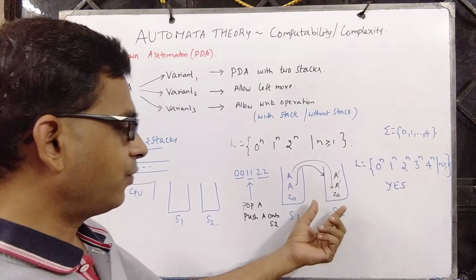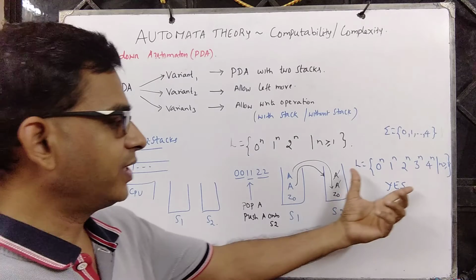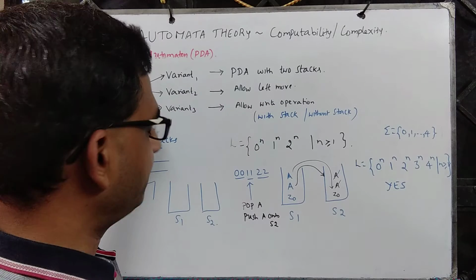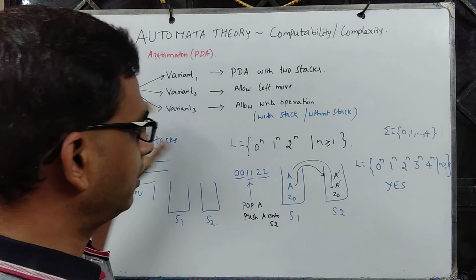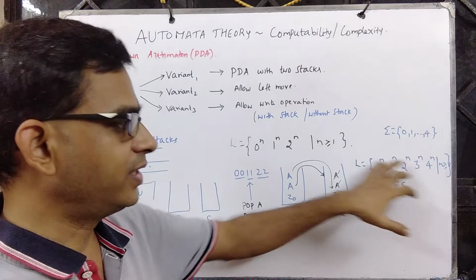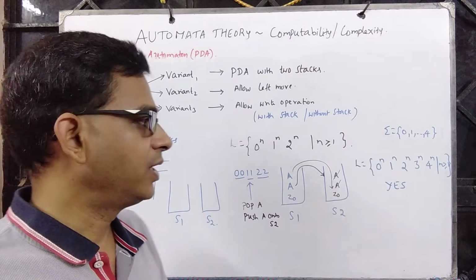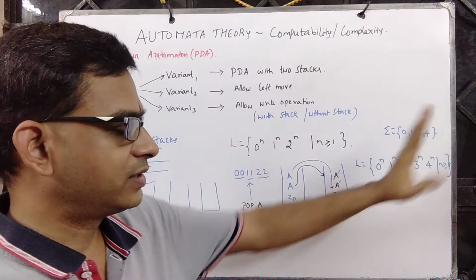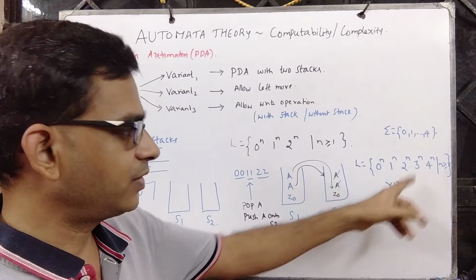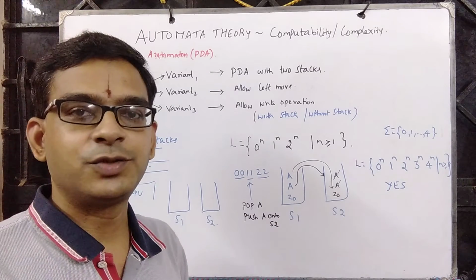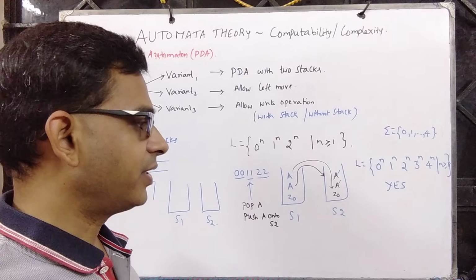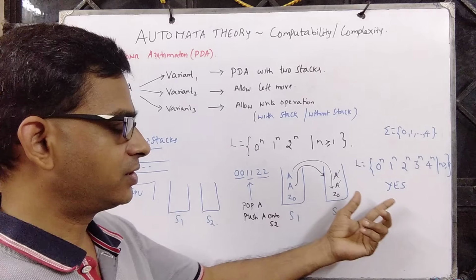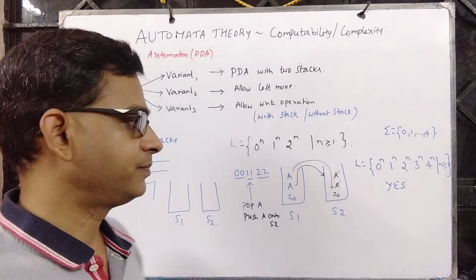And just by introducing one more stack, its computing power has increased tremendously, and from a simple language like 0 power n, 1 power n, to it can accept any string of this form, and one can keep extending this alphabet as well, and you bring say 26 alphabets, and for each of them one can write that rise to the power n. So just by introducing one more stack, its computing power has increased.